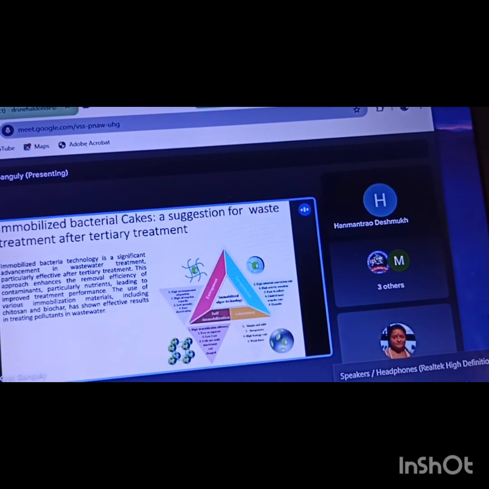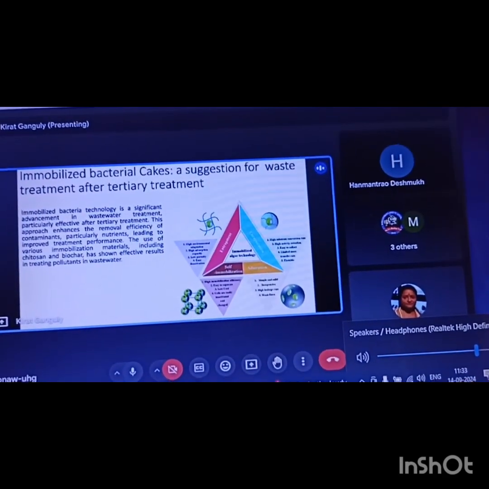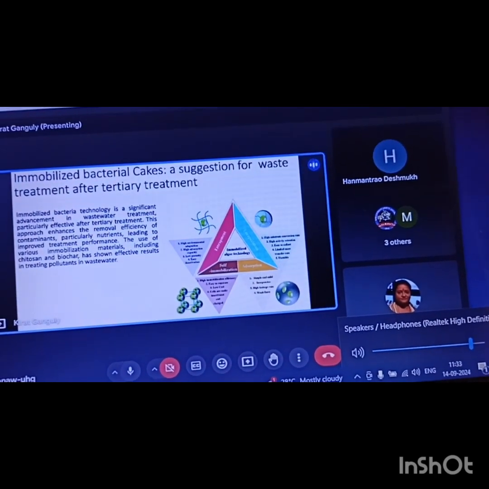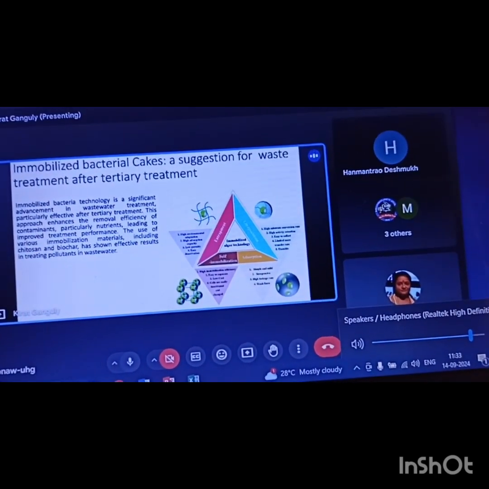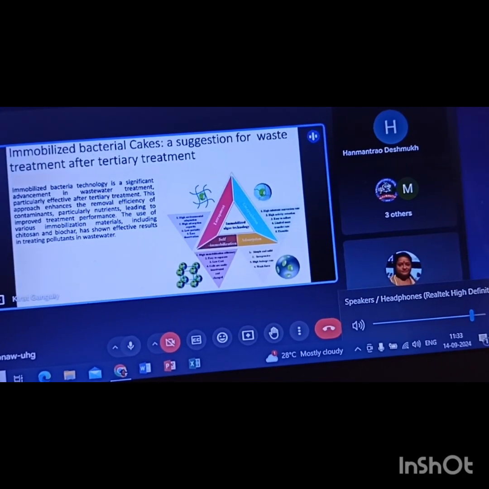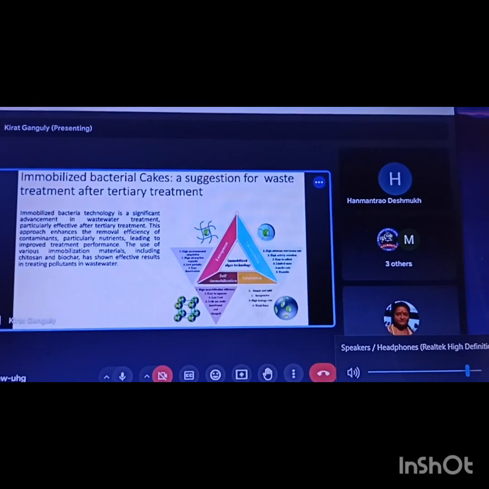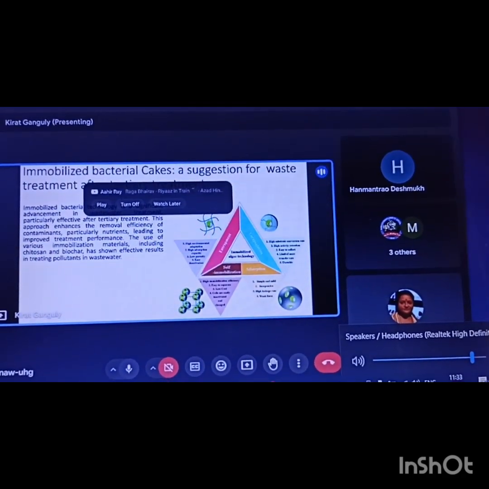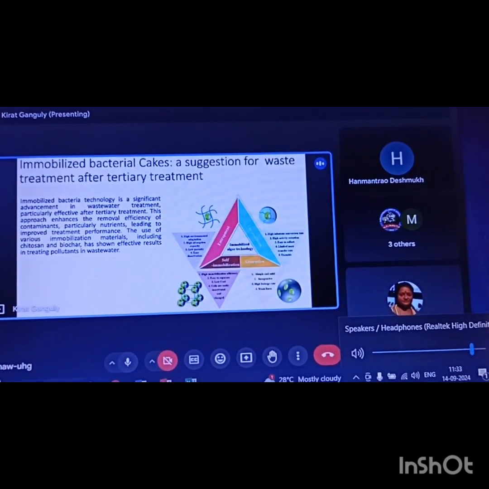Now, this concept is actually immobilized bacterial cakes. There the bacteria are trapped in several ways. For example, we can prepare some kind of mesh, and there we can entrap the bacteria. We can use some nanoparticles to capture the bacteria, and they form some kind of interaction among them, because for bacterial activity, quorum sensing is a very important thing, as we all know.